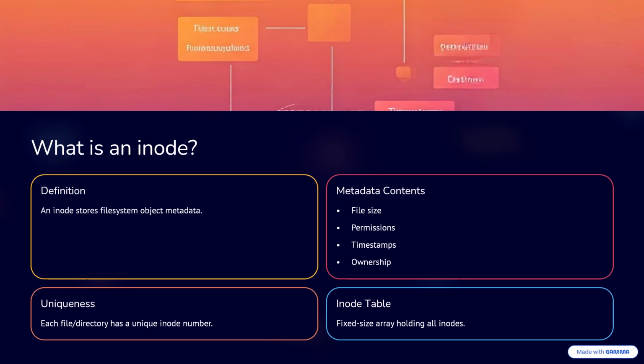Every file in Linux is represented by an inode. An inode is a data structure that stores metadata about a file, but not the file name or its actual content.